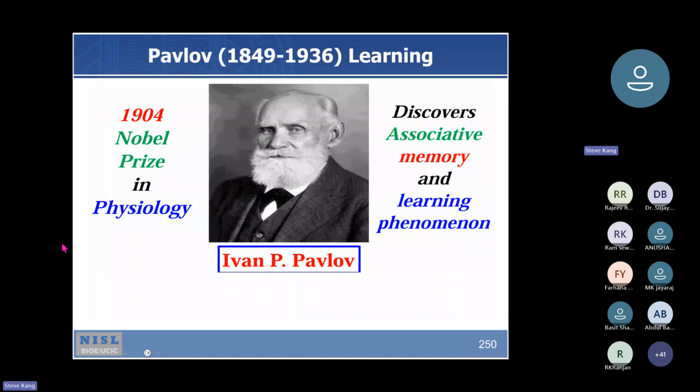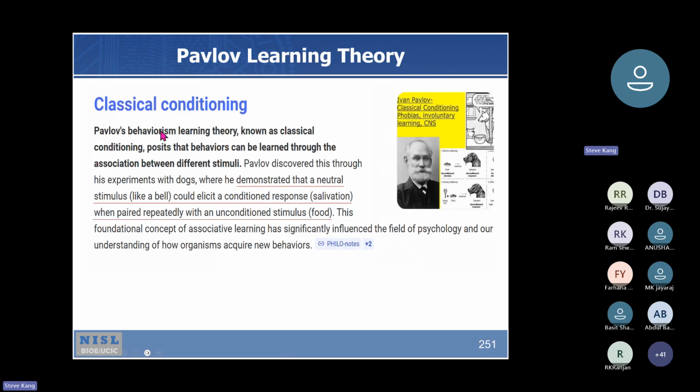The other learning is Pavlov learning, for which he got the Nobel Prize in Physiology in 1904. Ivan Pavlov discovered associative memory and the learning phenomena. This is a classical conditioning problem using a bell and a dog.